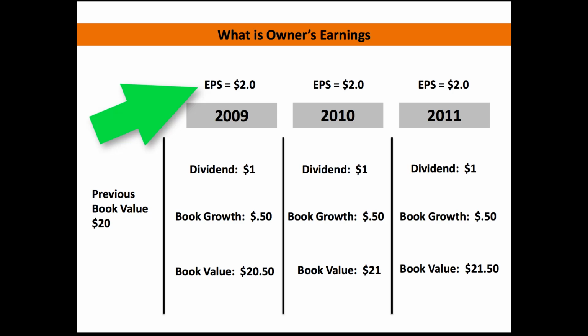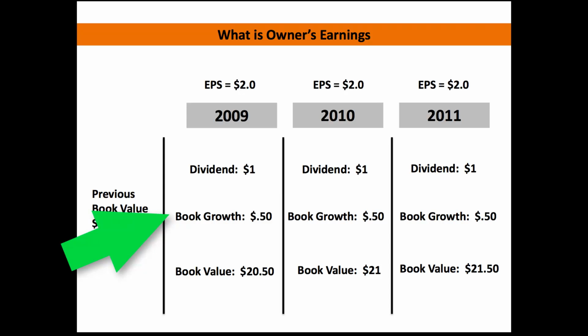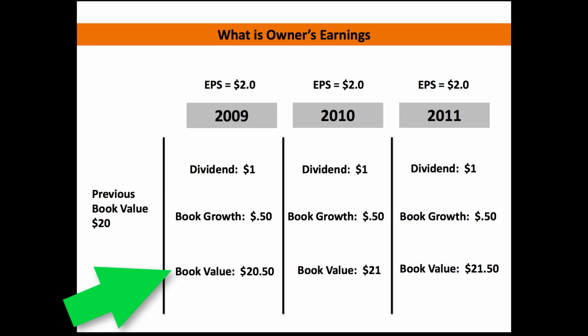Okay, we're going to assume that still $1 is being paid to you as an owner through the dividend. Okay, but this time you only saw 50 cents of book value growth, and the book value increased up to $20.50.